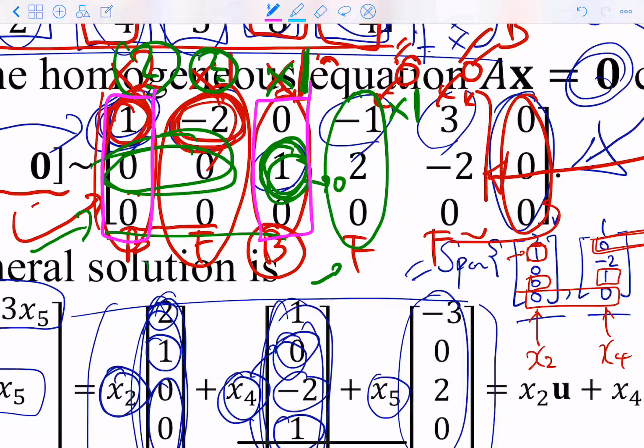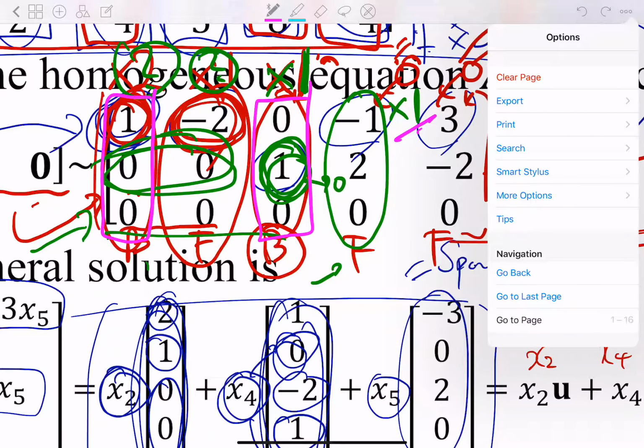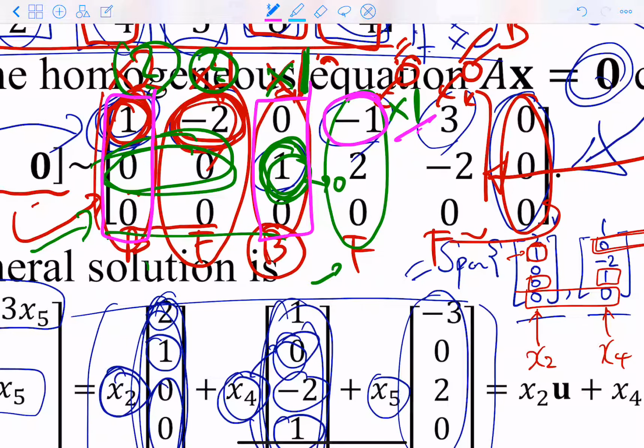And then for this free variable, which doesn't have any additional non-zeros up to that pivot position, and then from here, for -1, we can simply make that -1 by just multiplying the first row by 1. And this guy can be created by just multiplying this guy by -2, right?